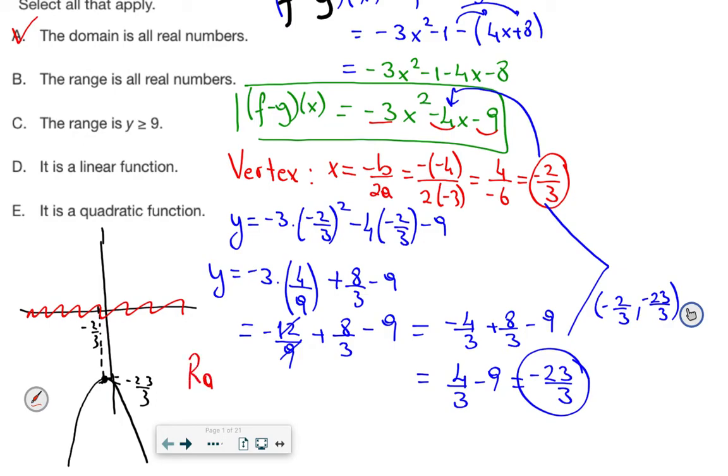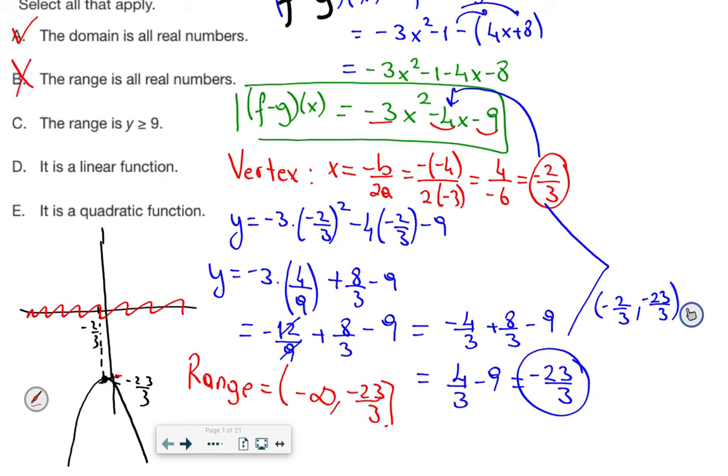The range actually goes to negative infinity, and the maximum is negative 23 over 3. So infinity is not included. So this is the range. So that's why B is not true.